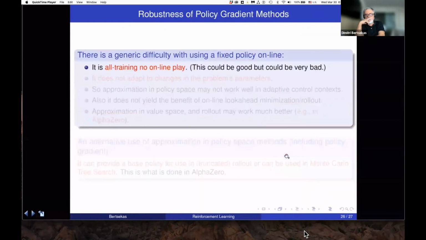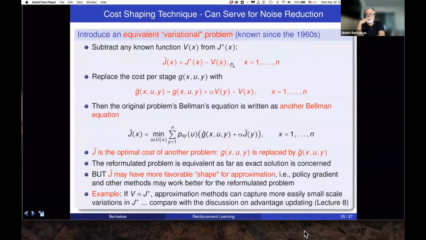So that's relatively simple, but the question of how you choose the baseline is very tricky. One rationale, the most common rationale, I think, argues for choosing V to be close to J star, okay? So the range of this J hat here is relatively small, which is convenient and useful for approximations. So suppose that you have some policy, some good policy, okay?